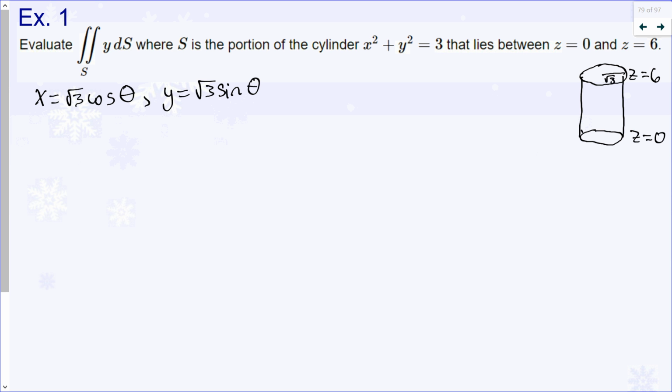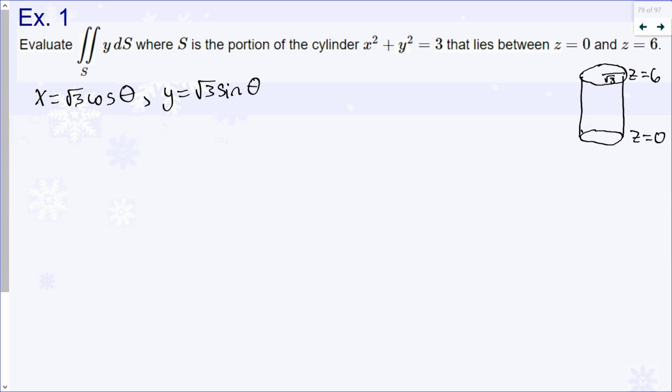And so we have to have theta vary to generate the circle, for us to go around the circle. But we also have to have z vary so that we can have it be a surface and not just a two-dimensional circle. So z has to vary between 0 and 6 in order to have it actually be a full surface and not just a circle.